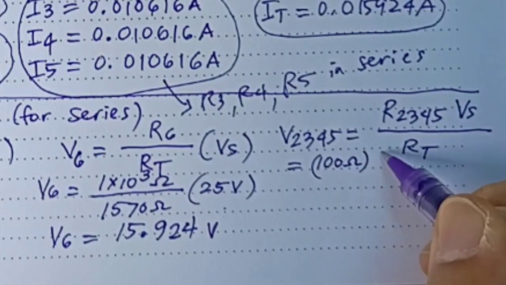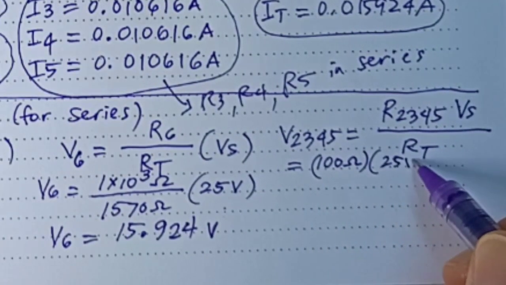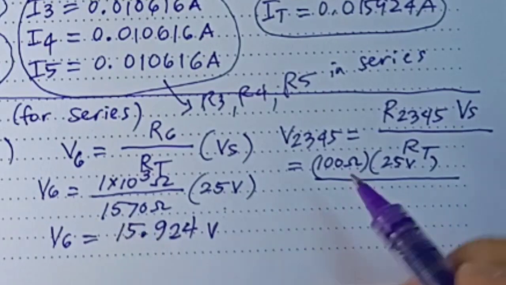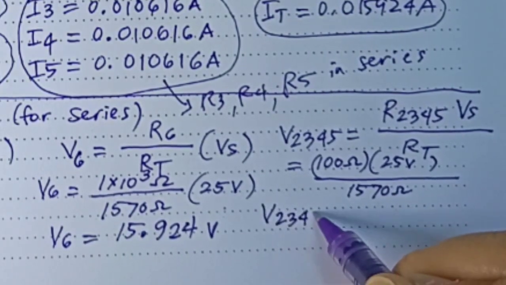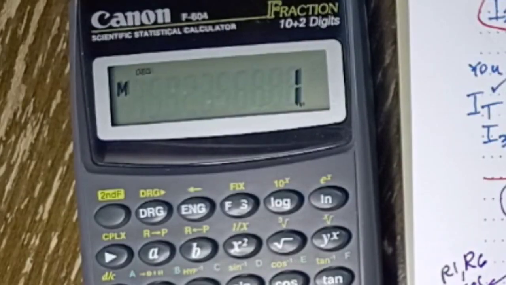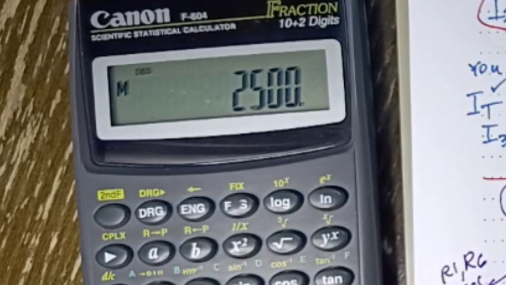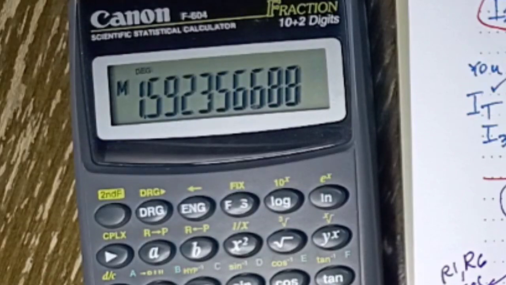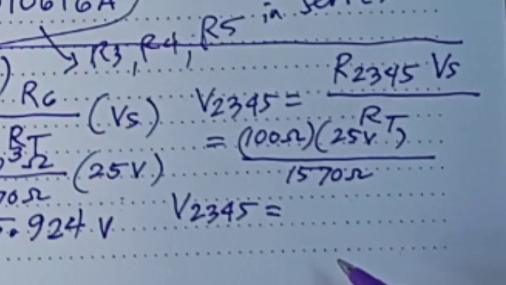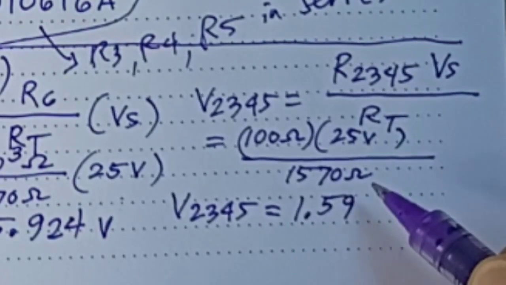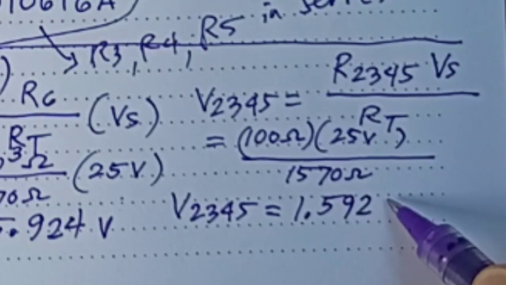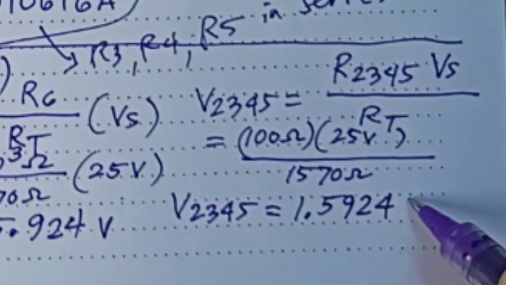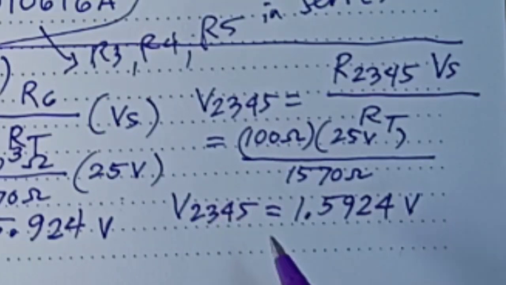So 100 ohms multiply with our Vs, which is 25 volts, over the R total of 1570. I will get V2345 equals what? 100 multiply with 25 divided by 1570, we will get 1.59235, about 1.5924 volts.